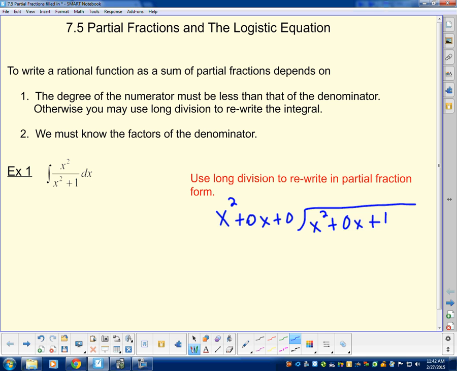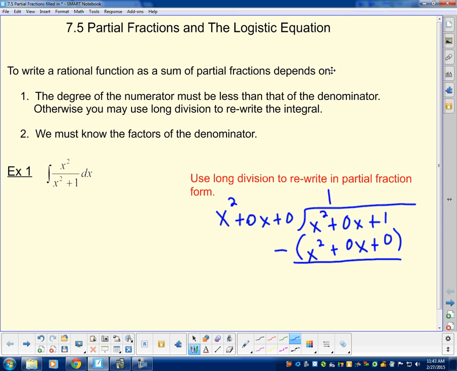It doesn't really matter here on these, but we have our placeholders. x squared divides into x squared 1 time, so we just write a 1 up here. And then we multiply the 1 by this polynomial. It's x squared plus 0x plus 0. Put a line underneath that and subtract.